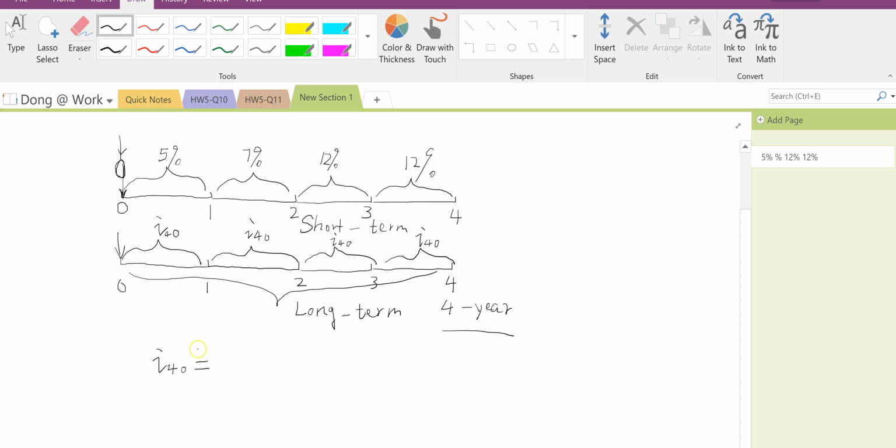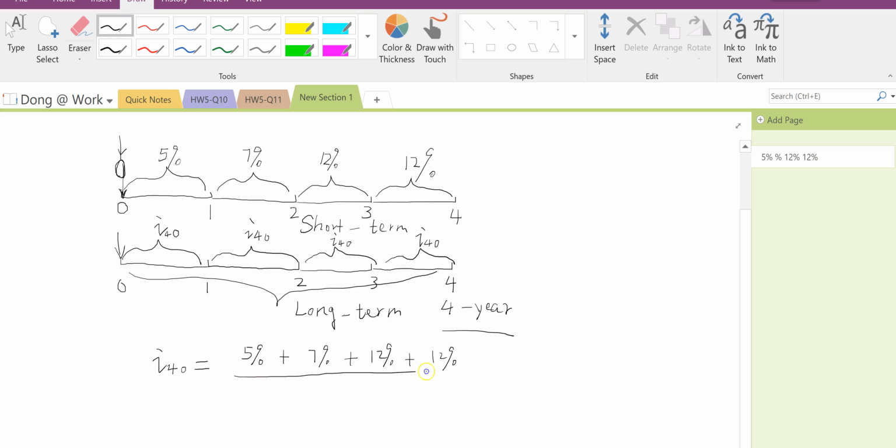because this holds this annual long-term interest rate, which is I subscript 40, that actually is an average of these 4 one-year bonds interest rate. So that means 5% plus 7% plus 12% plus 12%.